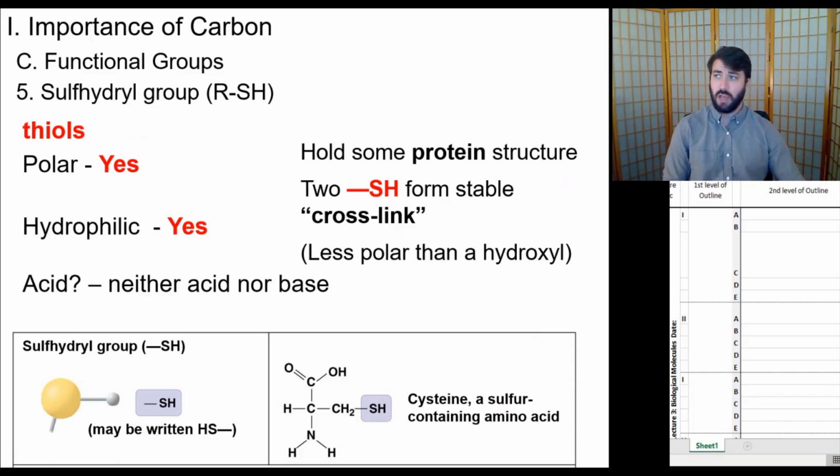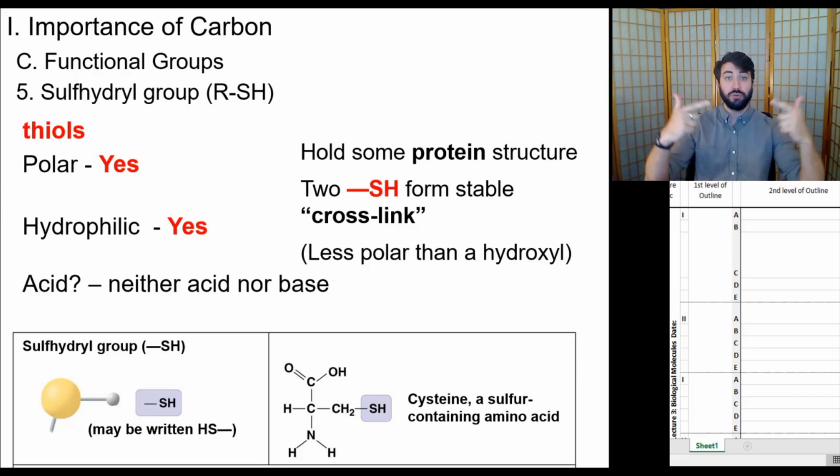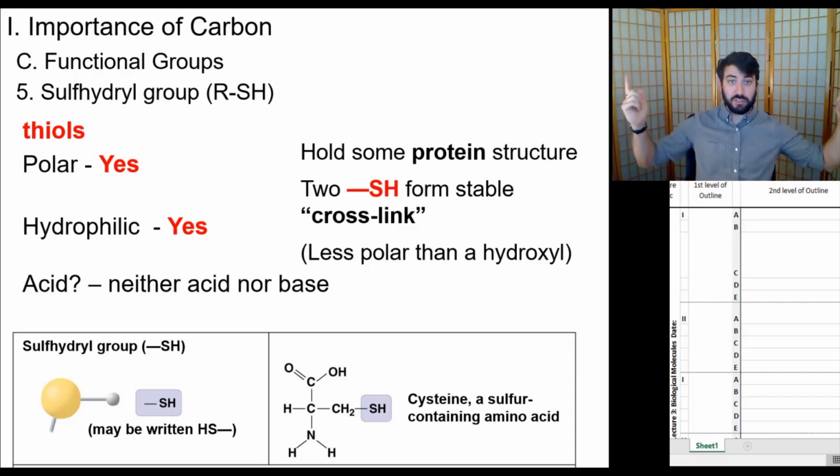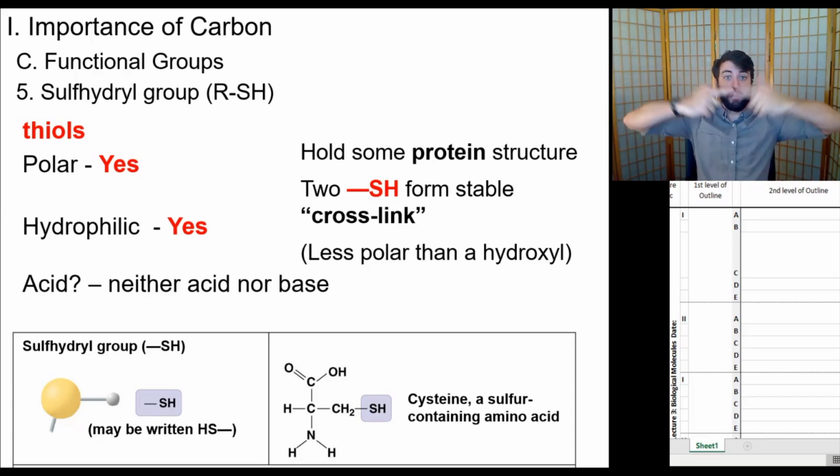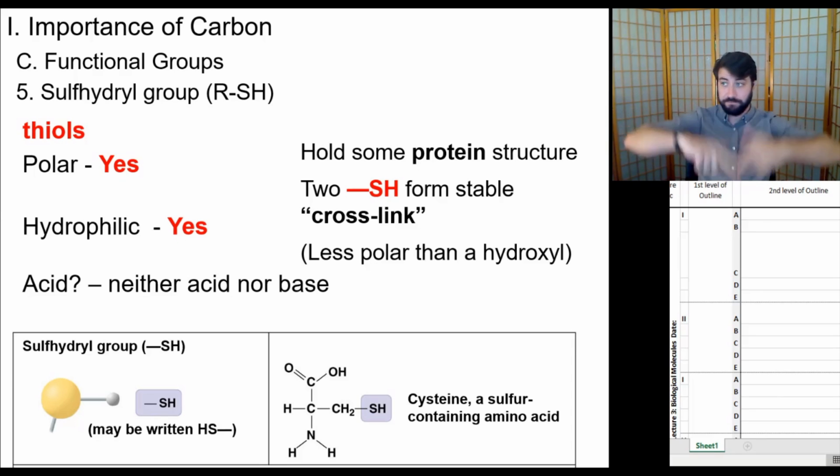Okay, now sulfhydryl groups, another term for sulfhydryls is thiols, and they're often involved in protein structures. That's one of their primary roles. What they do is form what are called cross-links or sulfhydryl bridges, where two sulfhydryl groups on different parts of a protein will form a bridge together.